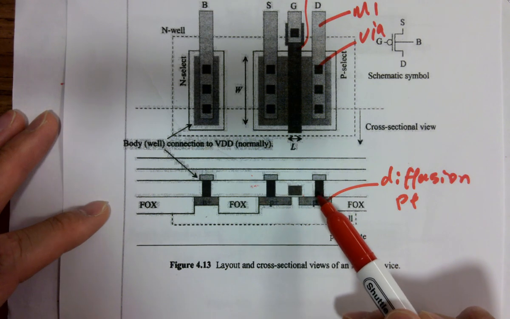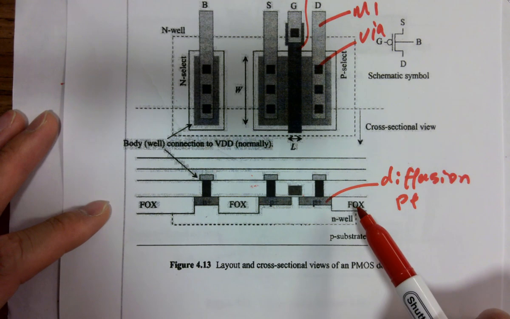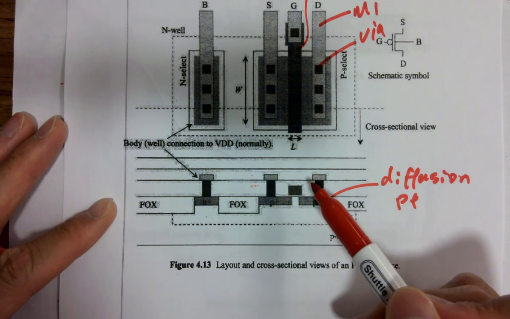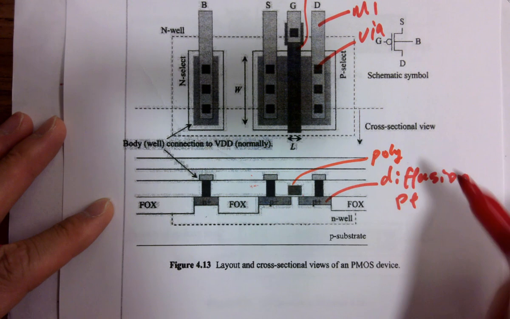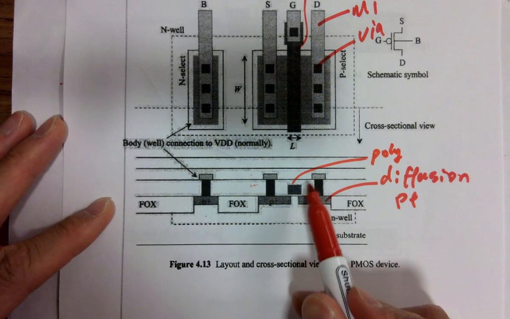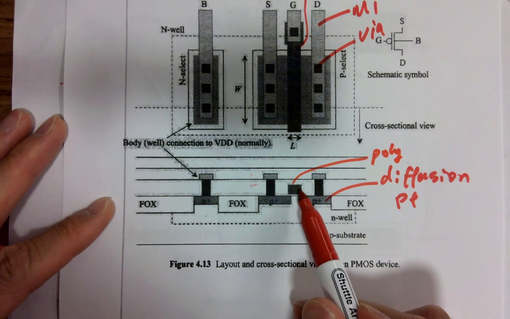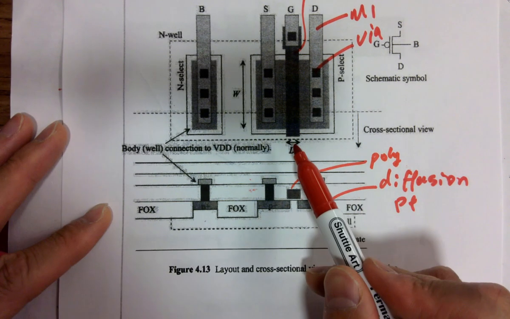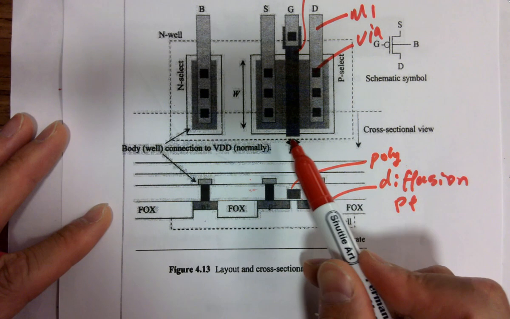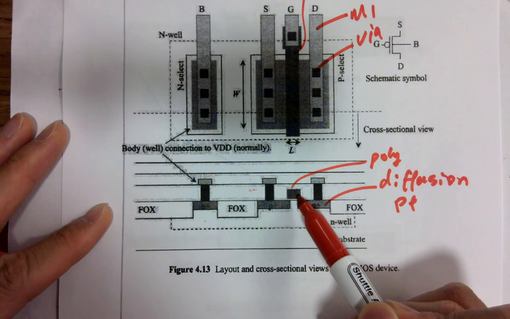All right, it's on top of the Fox layer, but within the same layer as a poly. So here's a gate, that's a poly. Because on top of Fox, you are expecting a poly layer, right? And here's a poly. The poly is a gate. Polysilicon, which is a gate. So that's why it's the dimension of the gate. Same thing over here.